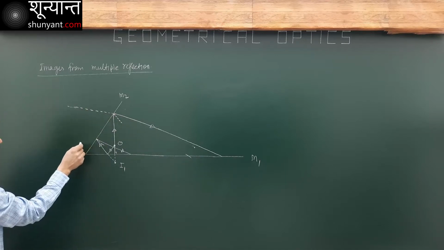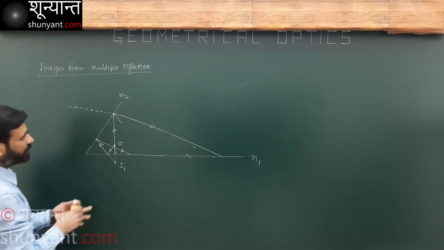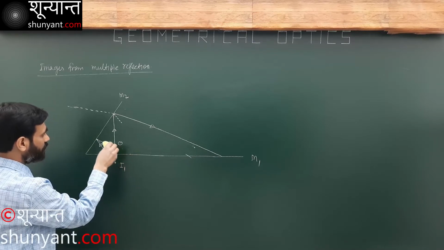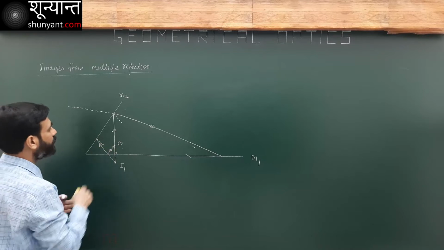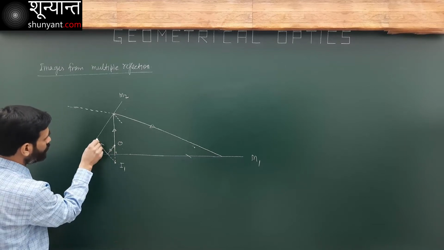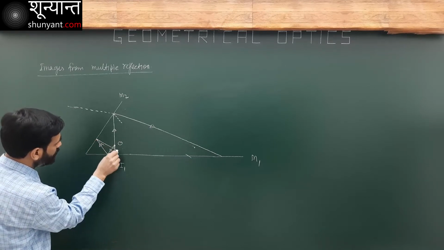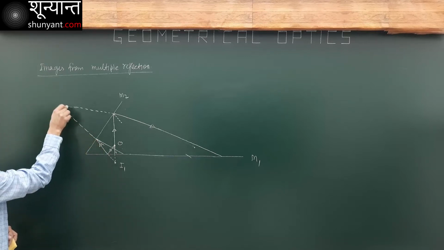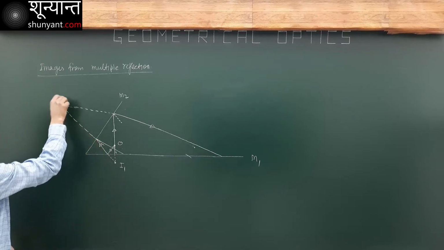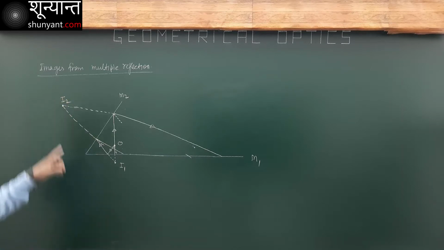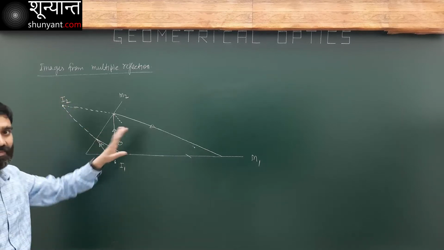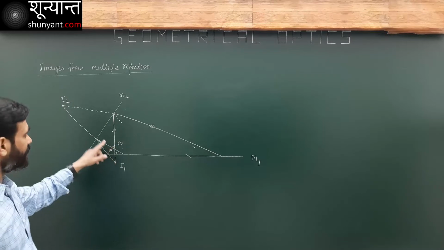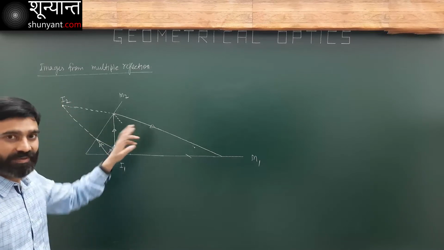It may not actually be accurate, but it drives home the point I want to make. If I extend it backward like this, this becomes my second image. What is this? This is image of image.